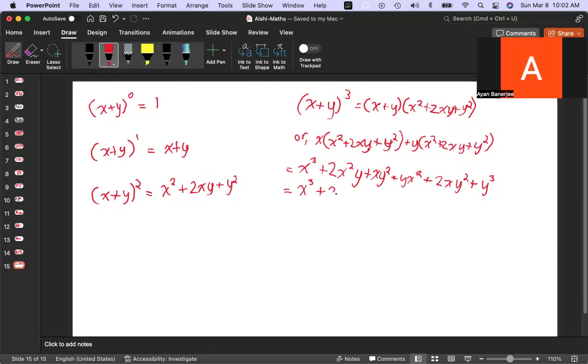So that would get us to 3x squared y plus we have xy squared and we have 2xy squared. So that would be 3xy squared plus y cubed. Okay, now it's all simple. We shortened the answer.